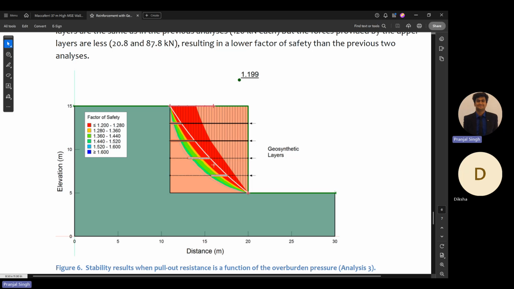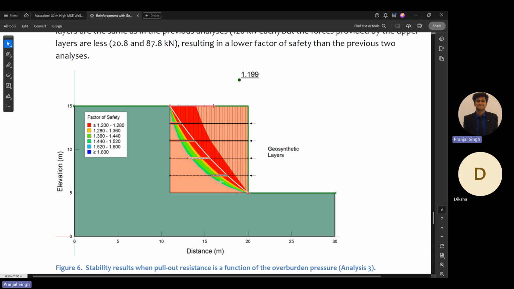You can see the value for the last case is the smallest, and if you go upwards, the length increases. That's why for the uppermost layer, the length of the reinforcement is usually the highest, as we have seen. And as you go down, the length of the reinforcement can be reduced.